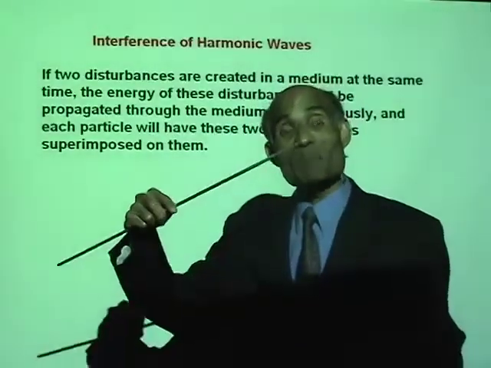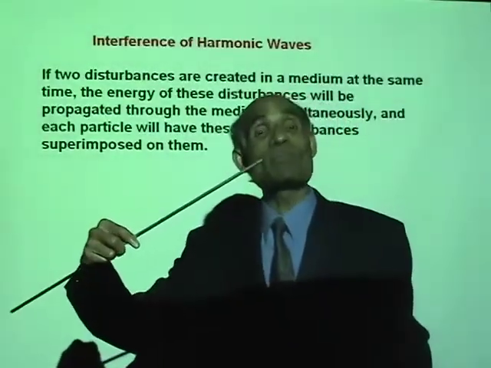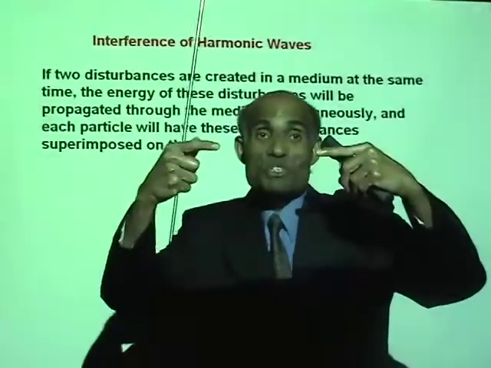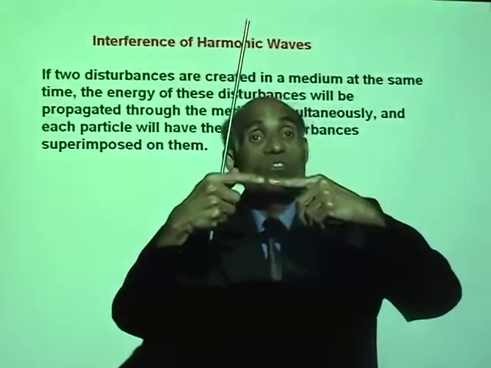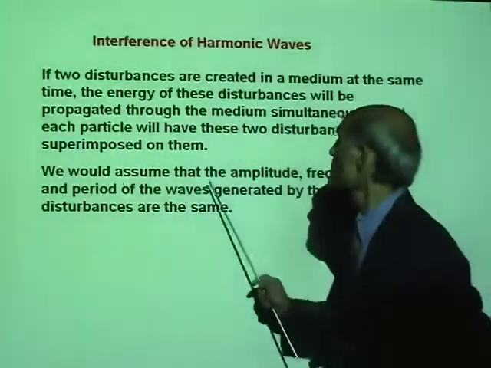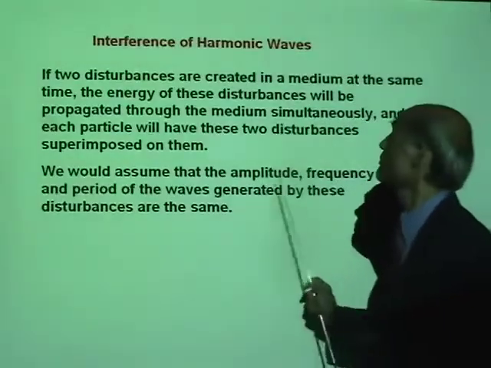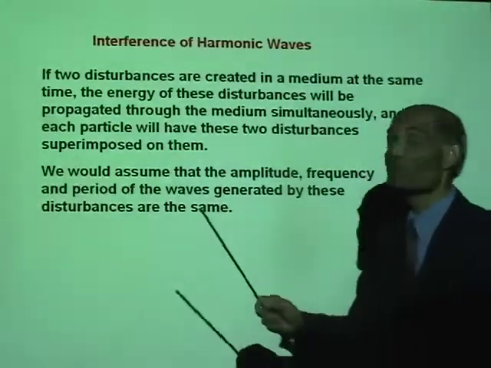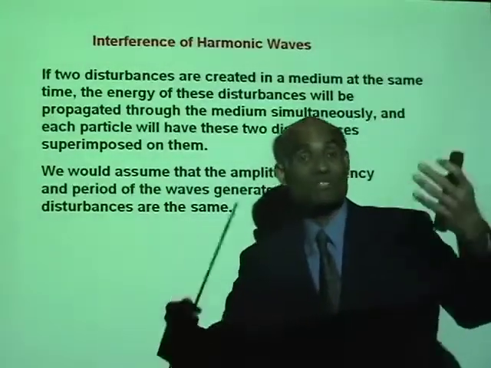And that particle then will vibrate depending on whether the disturbances arrived in phase or out of phase. We would assume that the amplitude, frequency and period of the waves generated by both disturbances are the same.